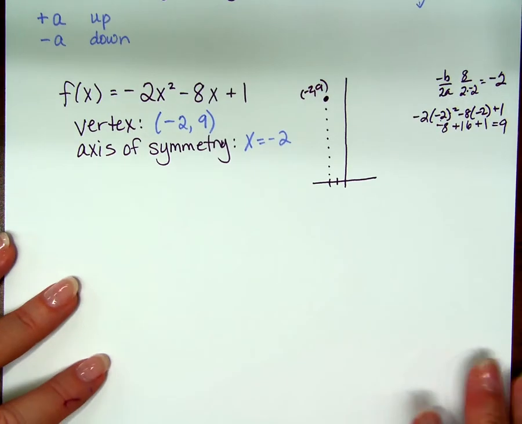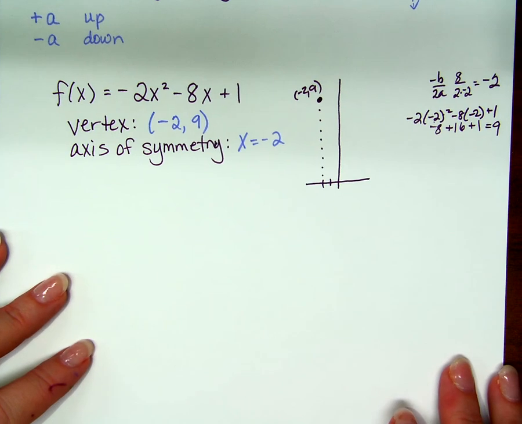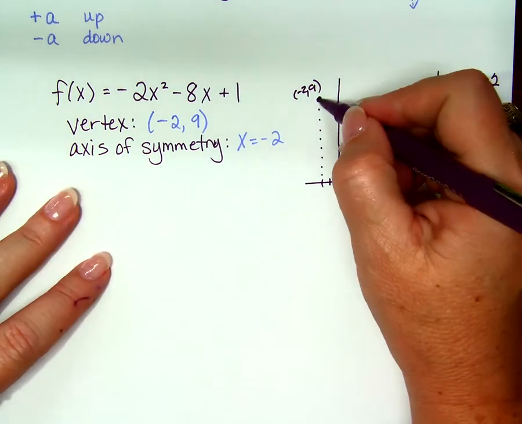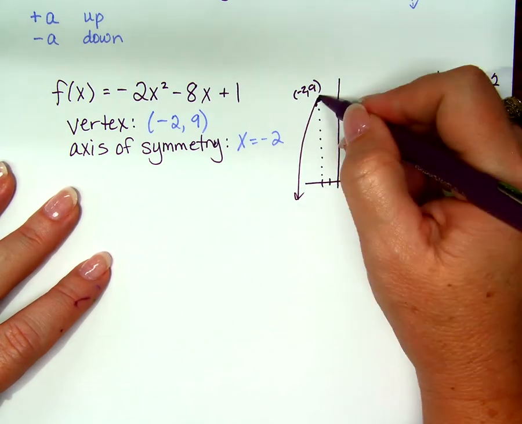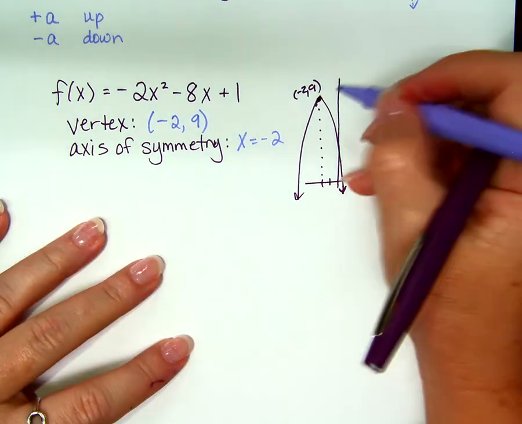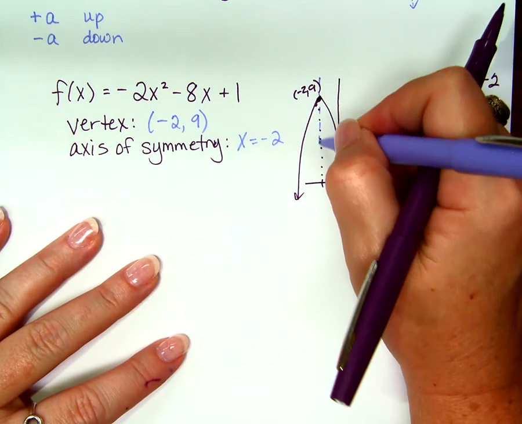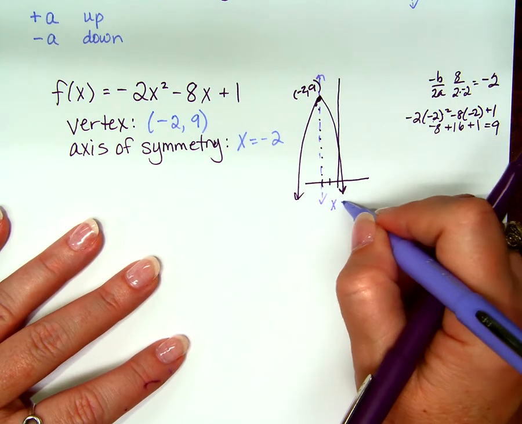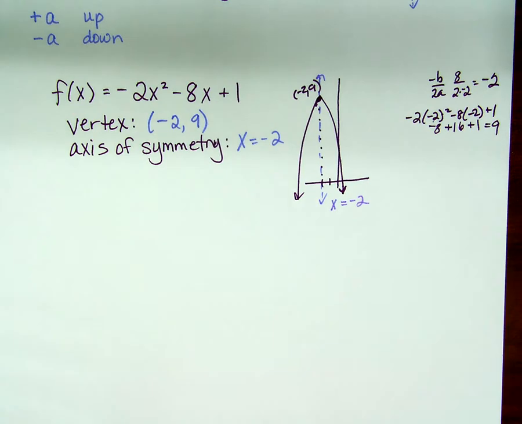What direction does this parabola open? Down. How do you know? Because A is negative, so it opens down. Where's my axis of symmetry? Right through the vertex, crossing the x-axis. And it's called what? X equals negative 2. Okay, so far?